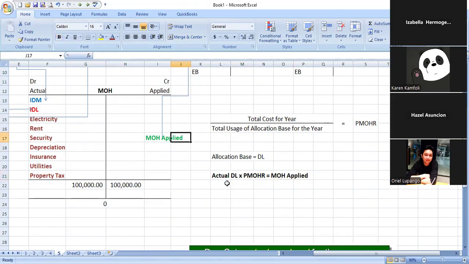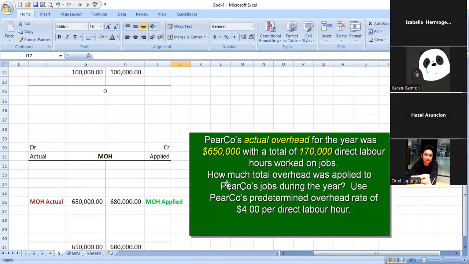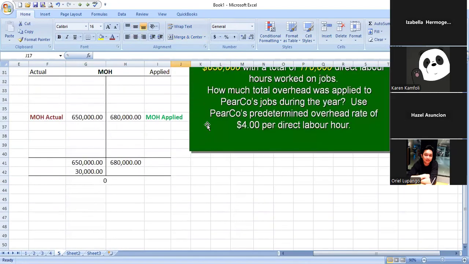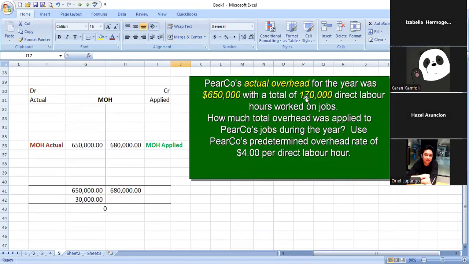Because for every hour that the actual workers work, we're applying for those. That's why we need this predetermined overhead. Once we get the predetermined overhead, you have to use it, but you're using it only when we're actually working, when we actually have the direct labor hours worked.